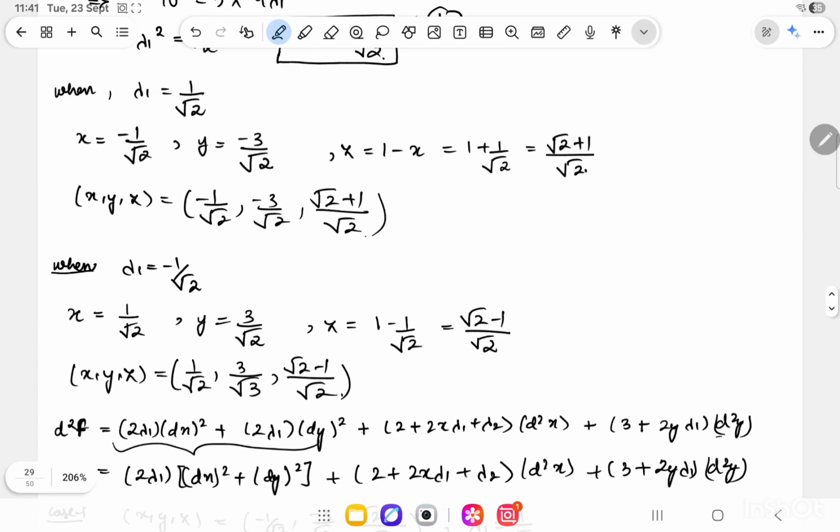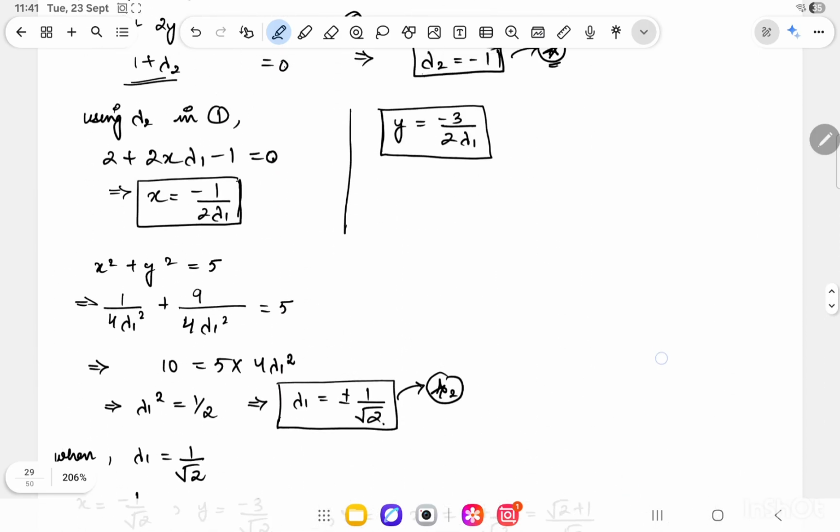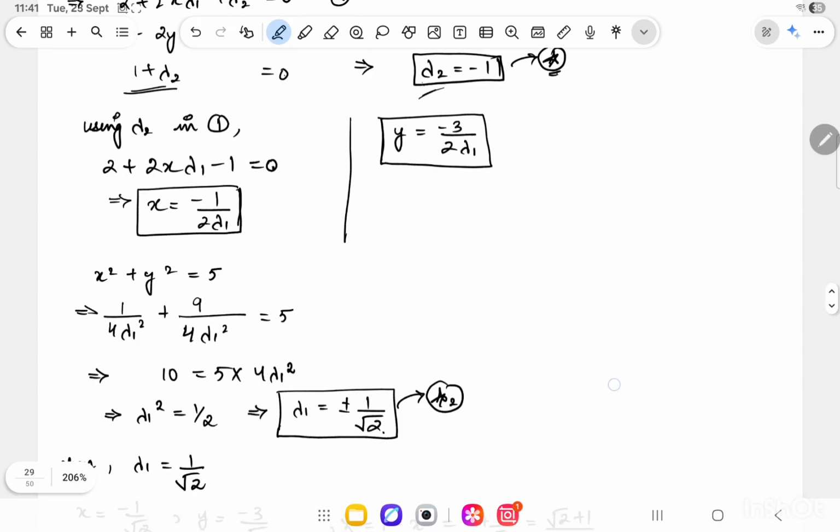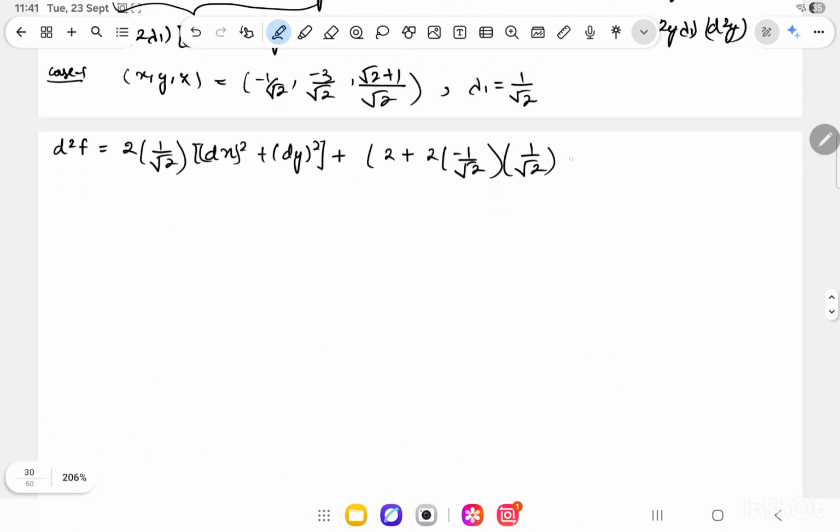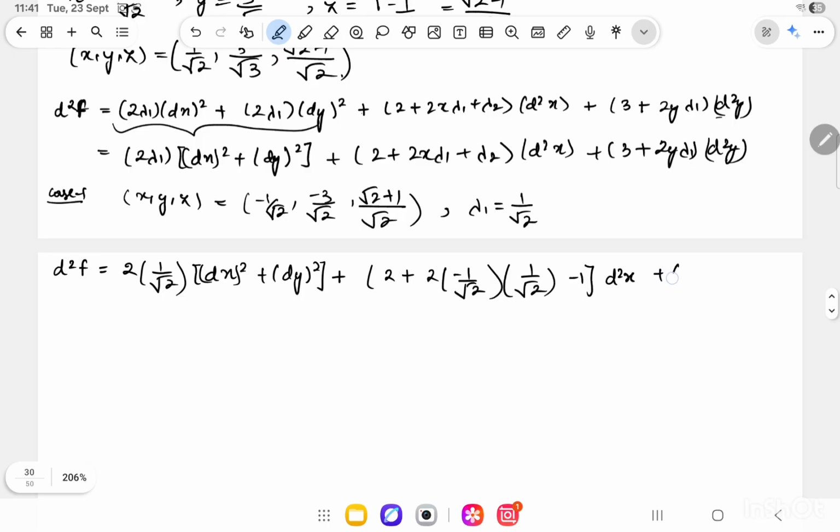My lambda 2 is basically minus 1 from star. It is minus 1 into d square x plus 3 plus 2 times my value y, which is minus 3 by root 2, into lambda 1, that is positive 1 by root 2, into d square y.